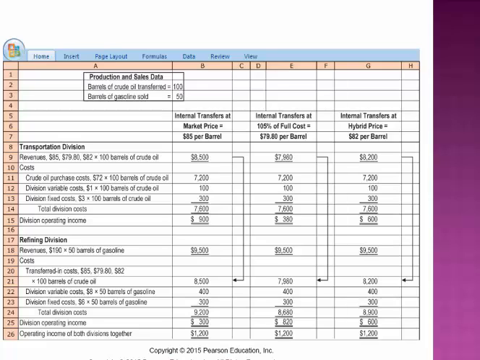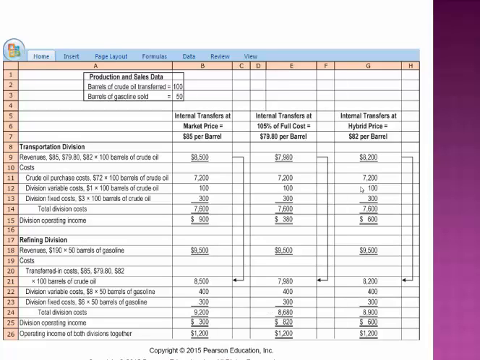What do you think the transportation division is going to have to say about this one? They would rather be evaluated with a result of $900 than a result of $380. But what about the refining division? They would rather have a $820 as part of their evaluation instead of the $300. Are you getting the drift? We can run into some issues regarding performance.